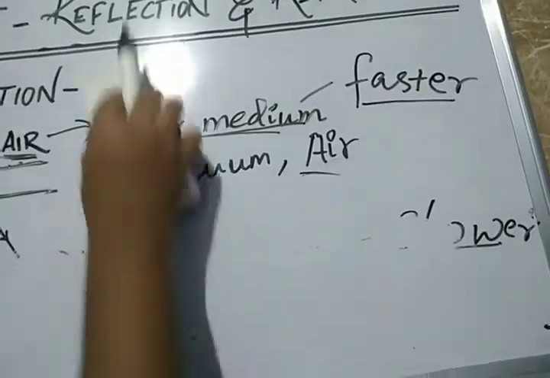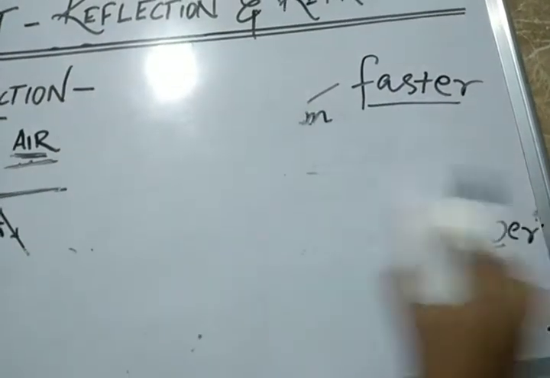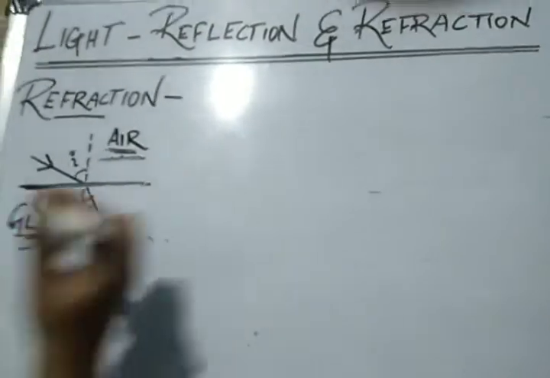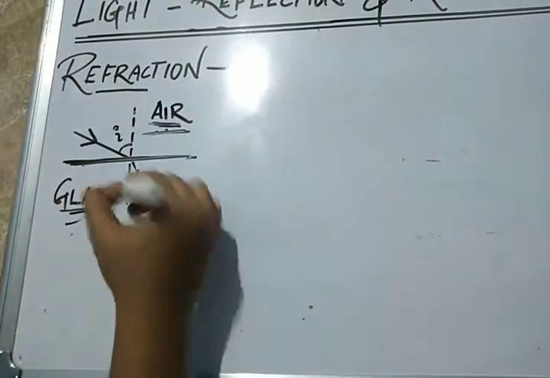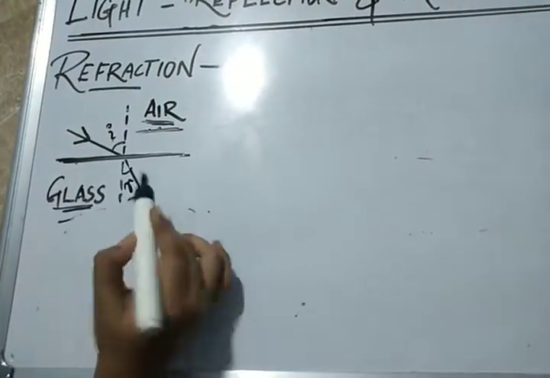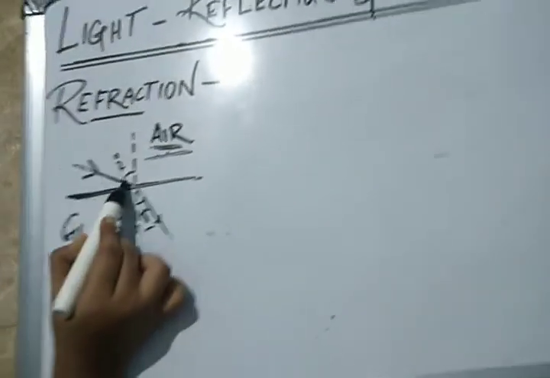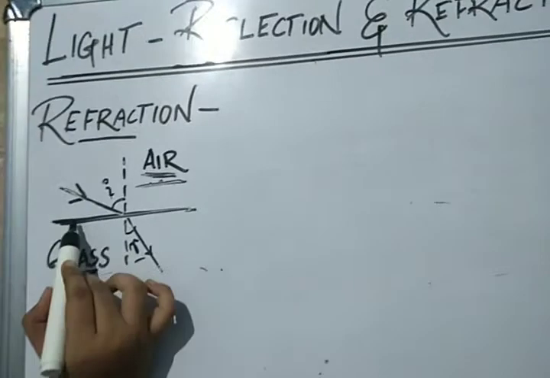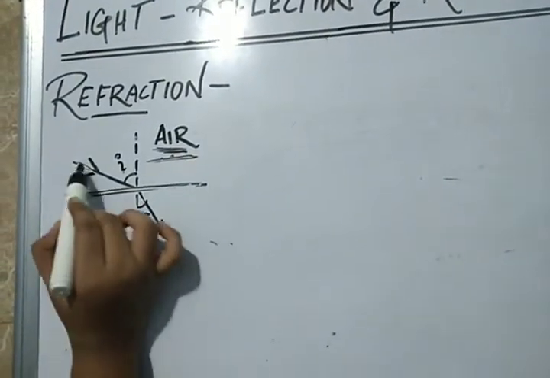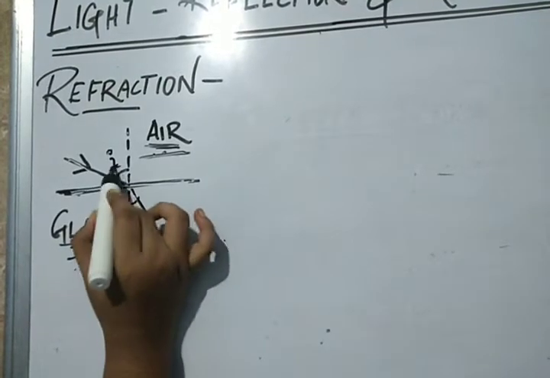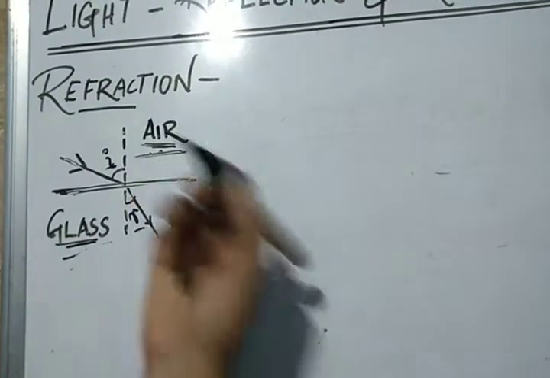Okay, now you know what is normal, right? Normal means the perpendicular line over here. This is normal. And what is this I and what is this R over here? This is the incident ray. The ray that is incident on this interface is known as the incident ray. I have used the letter I for that.